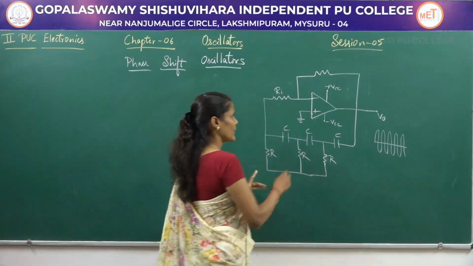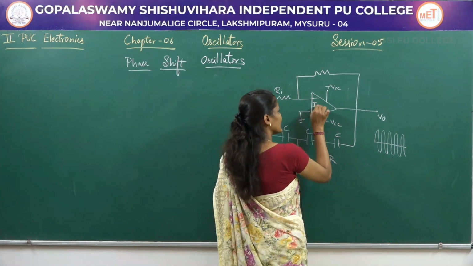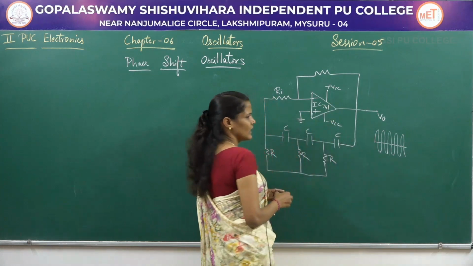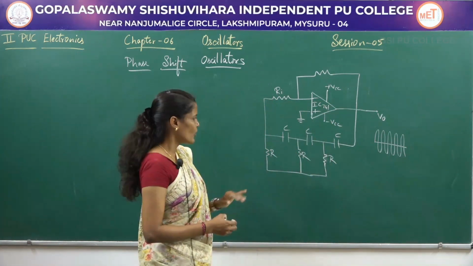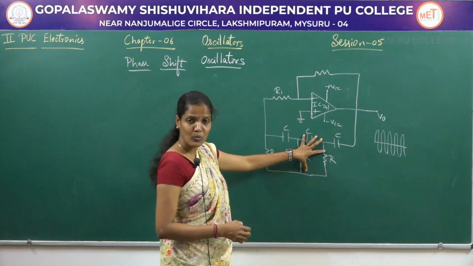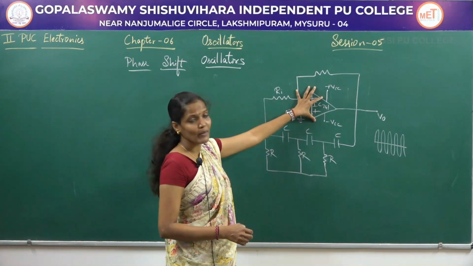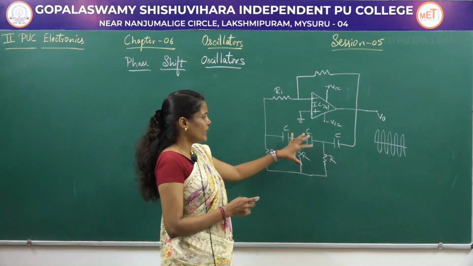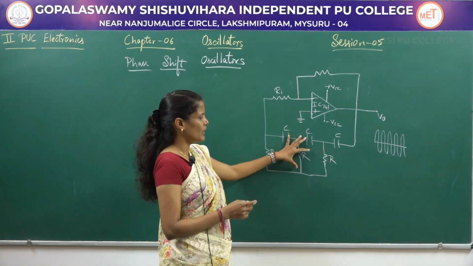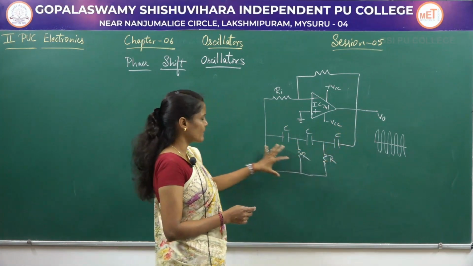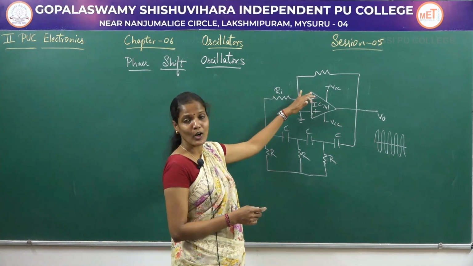So here I am using op-amp IC741 in the amplifier part. This is the feedback part we are using, and this is the amplifier part we are using. The feedback circuit will take a portion of the output and provide that as the input for this op-amp.